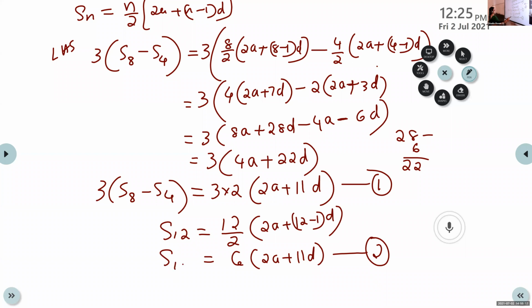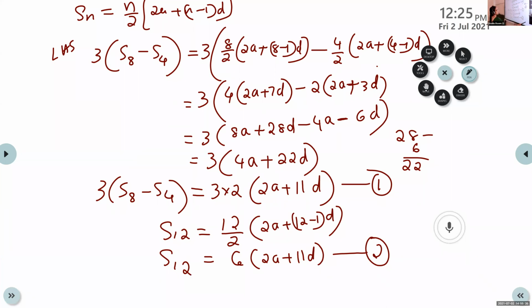See, equation number 1 and equation number 2. This is S12. Are they equal? Equation 1 is 6 into 2a plus 11d, yes ma'am. That is 3 into S8 minus S4. Equation 2 is 6 into 2a plus 11d.